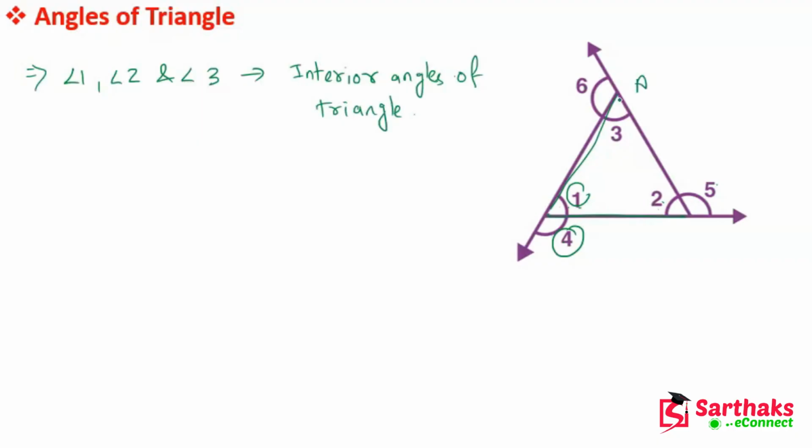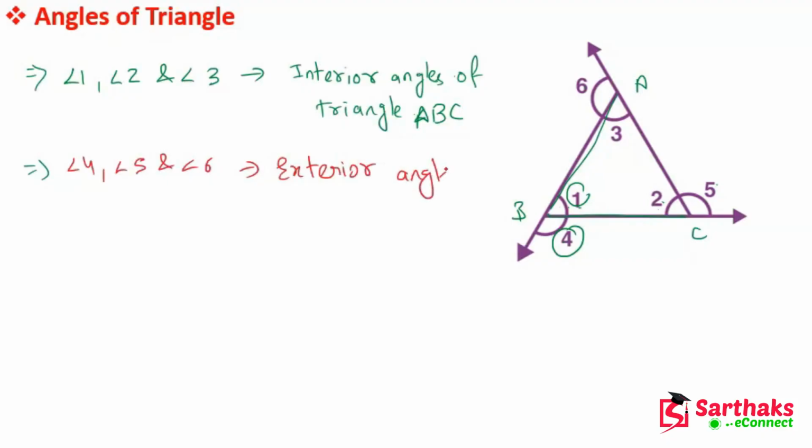Let's suppose this is A, this is B, and this is C. Triangle ABC. And angle 4, angle 5, and angle 6 are the exterior angles of triangle ABC.